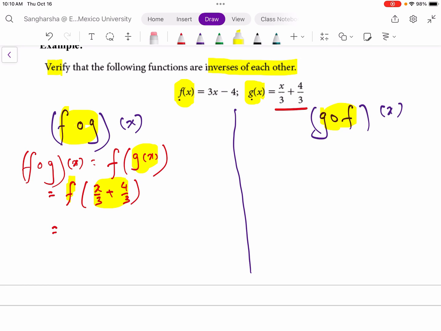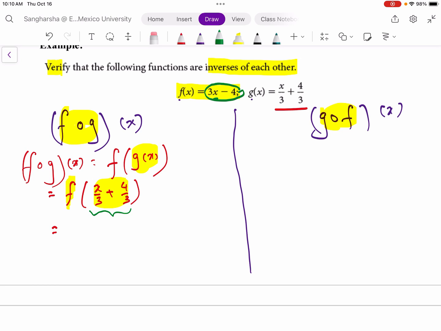Now, how do we find f of this expression? So here we have an f function, right? So we are using the f function, and we replace every x of the f function by whatever expression we have in the parentheses.